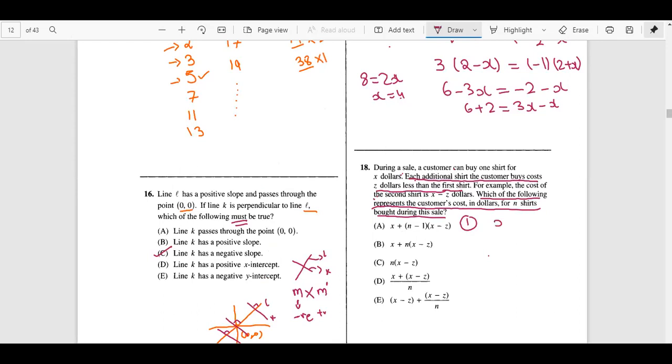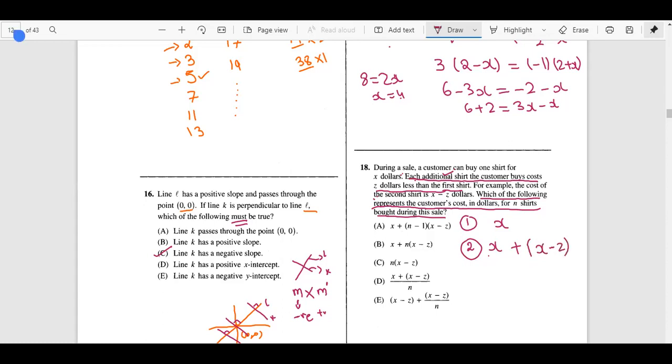He would pay X dollars. Then there's a customer buying two shirts. For the first shirt he is going to pay X, and for the second shirt, each additional shirt costs Z dollars less than the first shirt, so X minus Z.